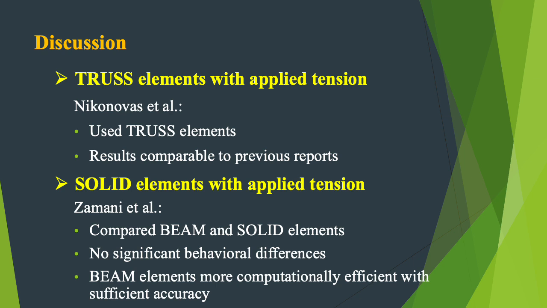Truss element with applied tension gave results comparable to previous reports. Solid element with applied tension, compared with beam element: no significant behavior differences. Beam element is more computationally efficient with sufficient accuracy.